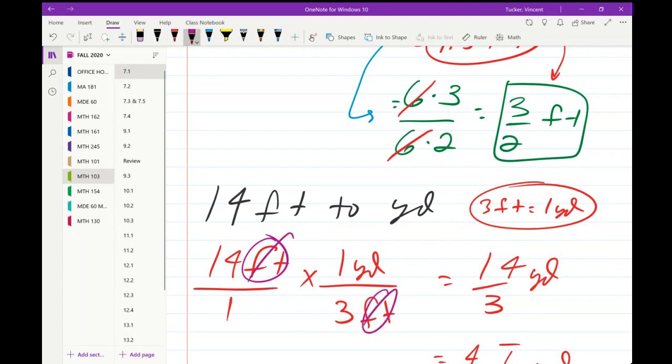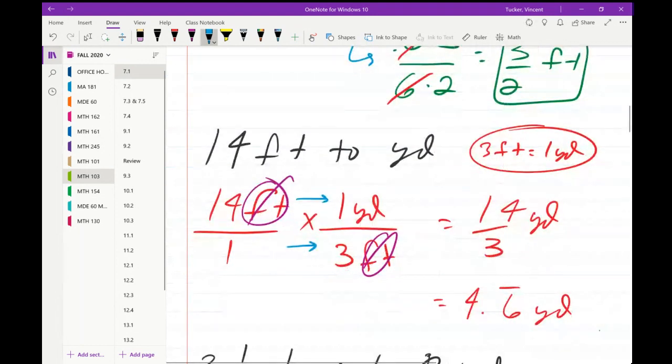And our feet are going to cancel. Once you cancel that, you can multiply across, just like before. 14 times 1 yard is 14, and then 3 times 1 is 3. And 14 divided by 3, 4.6.